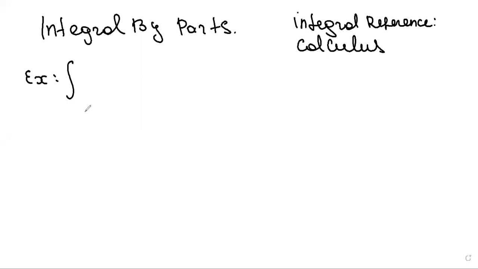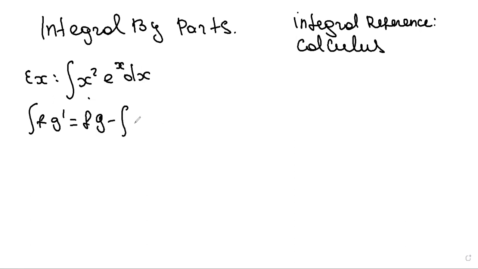So we are going to have the integral of x squared e to the power of x dx. And you already know the formula. Let me just write it again: f g minus the integral of f derivative g.